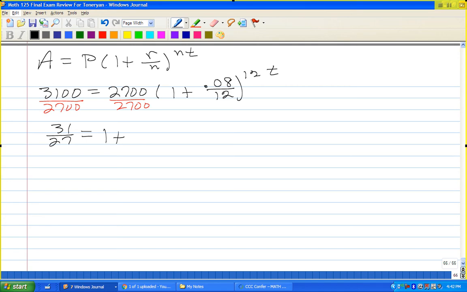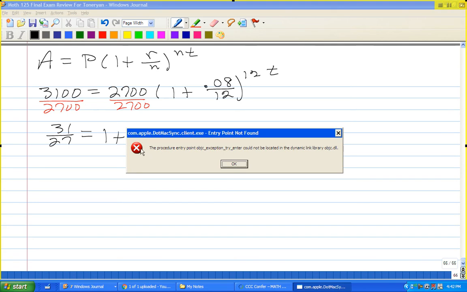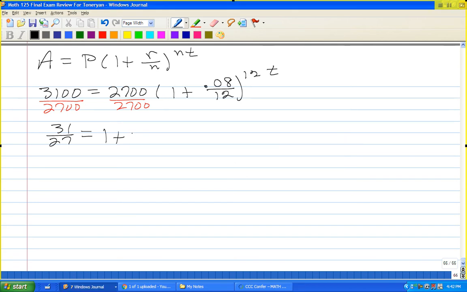Well, you can at least reduce that, divide by 4. And so, because it'll be in thirds, 0.02 over 3 to the 12t. Maybe I'll leave it like that. Just dividing both 0.08 and 12 by 4, getting a common denominator.